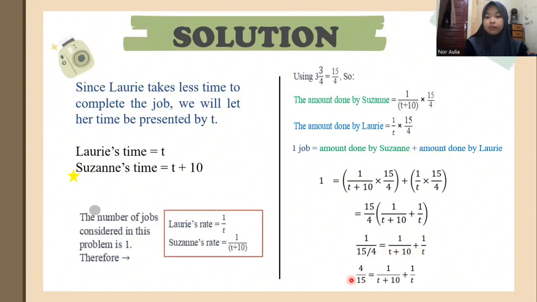So 4/15 equals 1 over t plus 10 plus 1 over t.